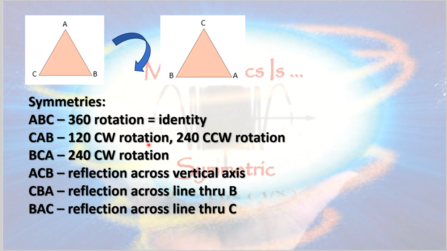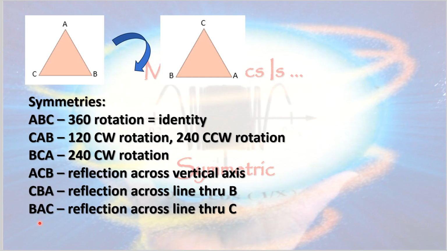The 6 symmetries place the vertices at ABC, the identity or the 360 rotation; CAB, 120 degree clockwise rotation, or 240 degree counterclockwise rotation; BCA, 240 degree clockwise rotation; ACB, vertical reflection; CBA, reflection about the line through B; and BAC, reflection about the line through C. Can you see why we know that there are no more symmetries? Well, there are no other ways to order A, B, and C.